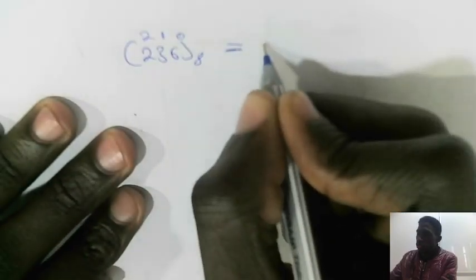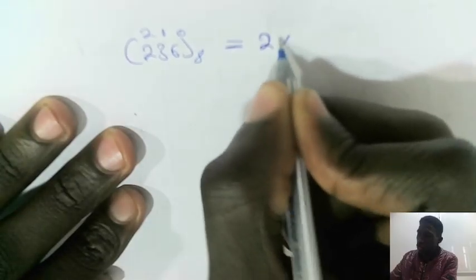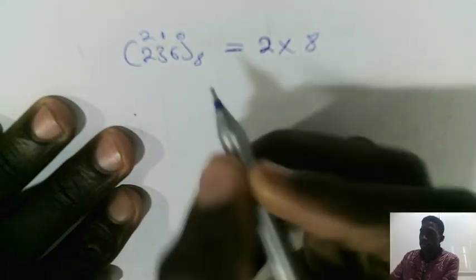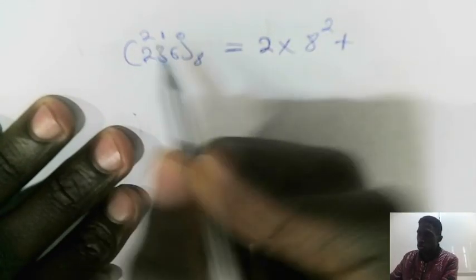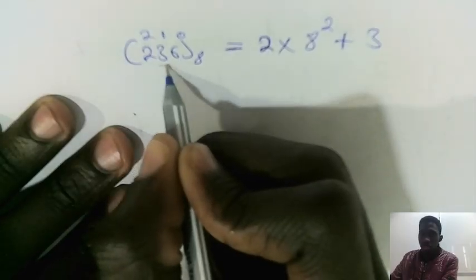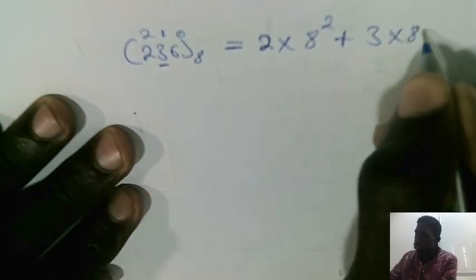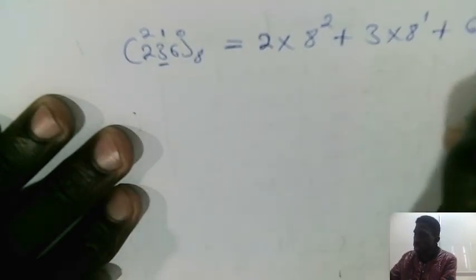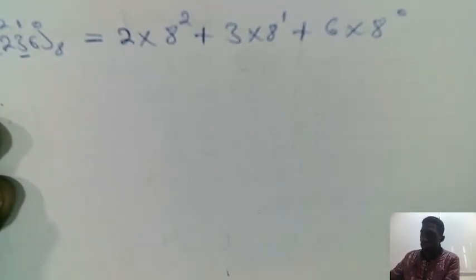So what's it going to be? 2 times 8, base 8 now, not base 2, to the power of 2, plus 3, the next digit here, 3 times 8 to the power of 1, plus 6 times 8 to the power of 0.